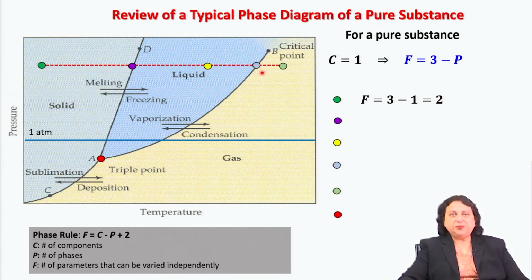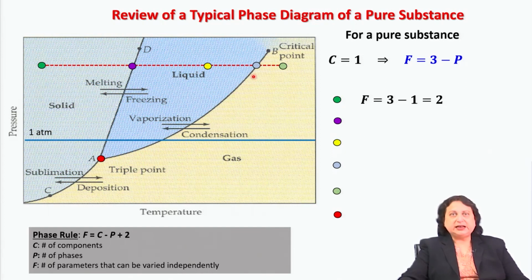For any portion in this light yellow region, there is a single phase of the substance present, and this single phase is the gas phase. Therefore, it does not matter what you fix the temperature of the gas to be. If the pressure is in any of these yellow regions that I am showing here, then the system will be stable in a single phase.